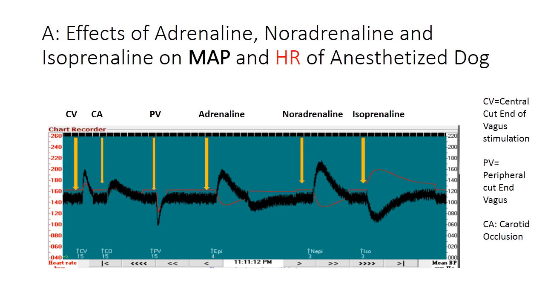This blood pressure is mean arterial pressure of the anesthetized dog. Then carotid artery occlusion is done, and we see that there is a rise in blood pressure. When the peripheral cut end of the vagus is stimulated for 15 seconds, there is a fall in blood pressure, a depressor response along with bradycardia.